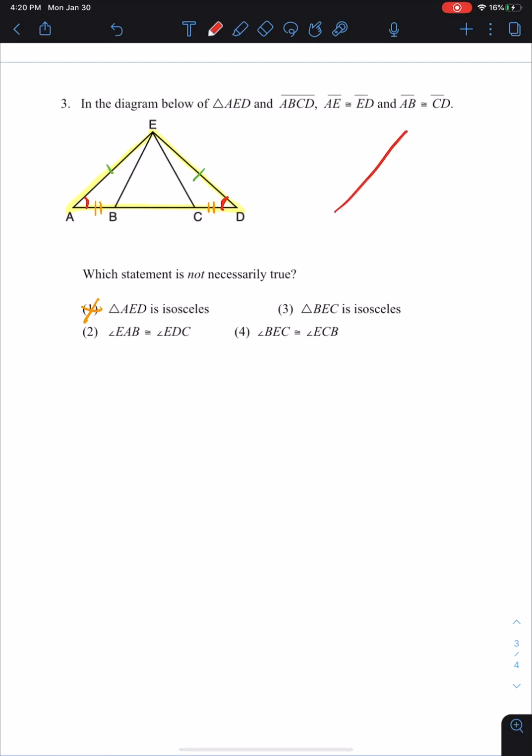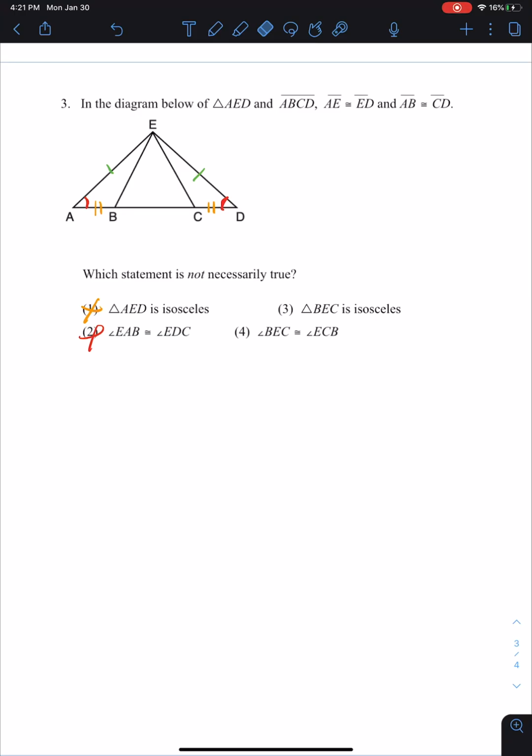So if I were to redraw it on this side, triangle AED, and we knew these 2 sides are congruent like we do in the diagram, the angles opposite these 2 congruent sides will also be congruent. Therefore, option 2 is going to be true. So I'm going to cancel out option 2, and I'm going to erase my highlighting, but we know those 2 angles are congruent, so we're actually going to keep them there.